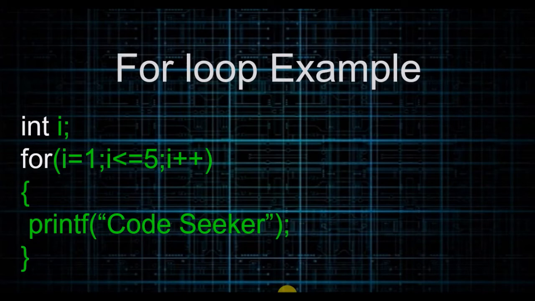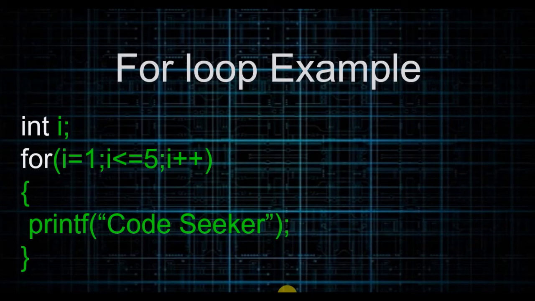For true, it will go inside the body and execute whatever is written inside the body. If 1 is less than or equal to 5, it is going to print code seeker. Then it will go to the updation part, that is i plus plus. So in the for loop we see initialization, then condition, then body, then updation.